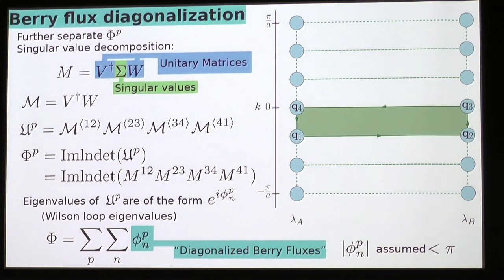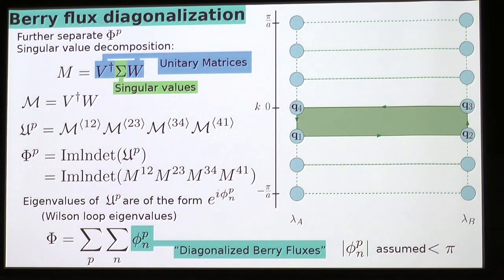I'll come back to them soon. So we can make a unitary approximation of our actual overlap matrix, which pretty much captures all of the phase information that was in these overlap matrices. And the product of these unitary approximations going around the loop forms its own unitary matrix.